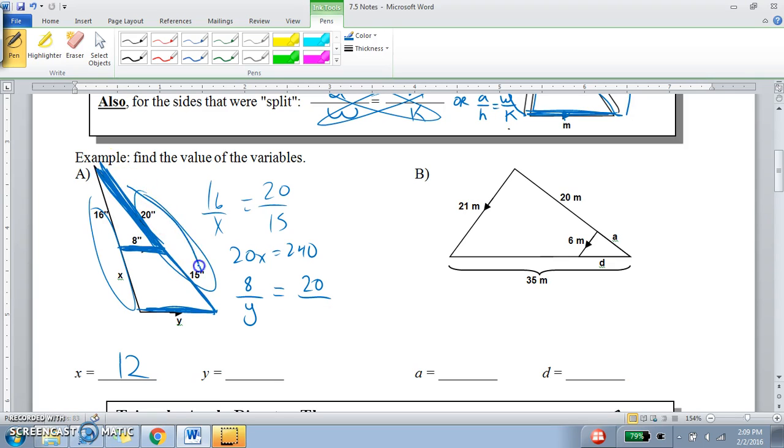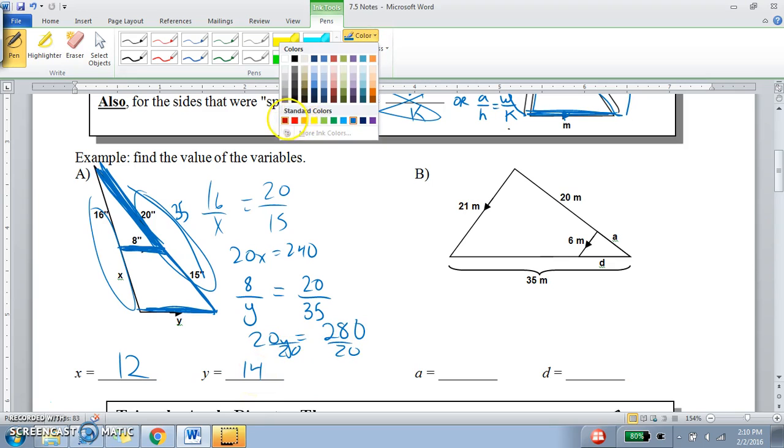So we have to add up these two numbers, 20 and 15, to get that this entire side is 35. So when we cross multiply this, we get that 20y is equal to 280, and then when we divide that, we get y equals 14 when we divide by 20. Y is 14.